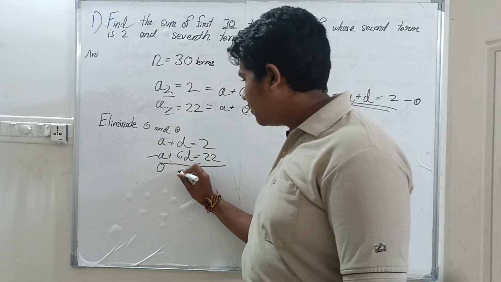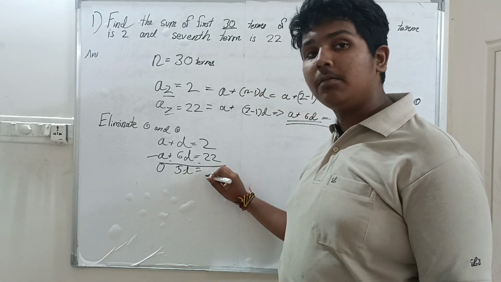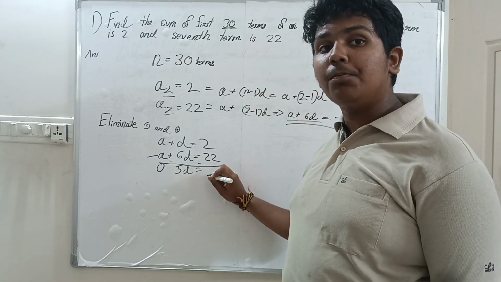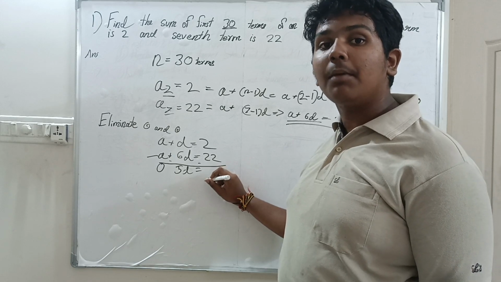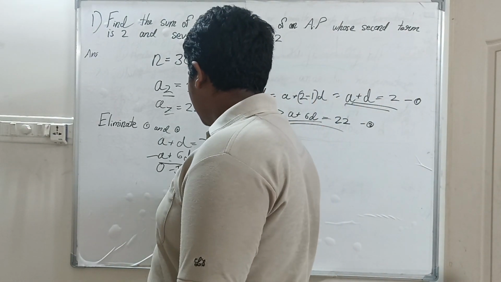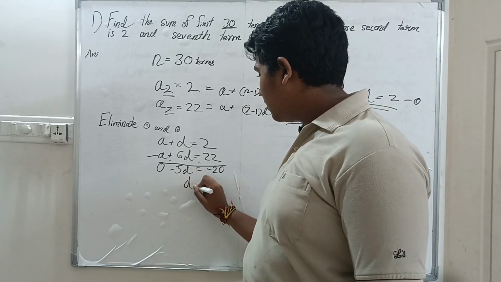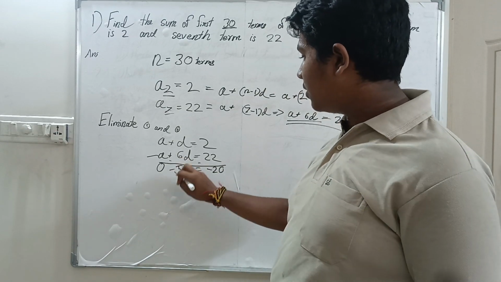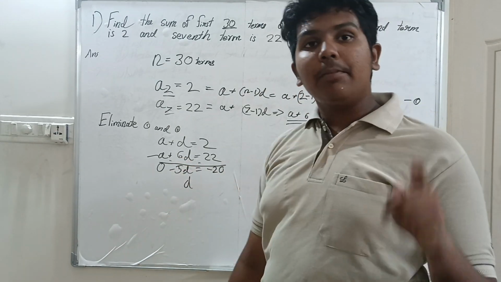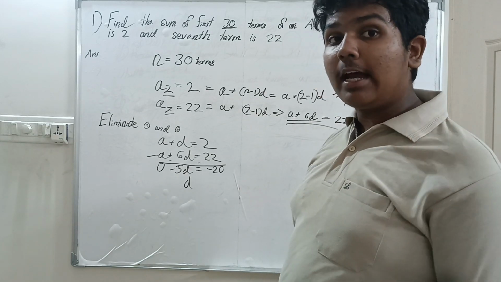So what will be the answer? This will be minus 5d, and here minus 22 plus 2 is how much? Minus 20, right? So minus 5d is equal to minus 20. So d, you cut the negatives. If you put minus 5 here, there will be minus 20 by minus 5.